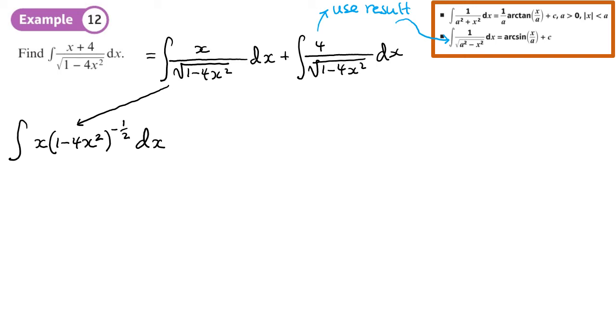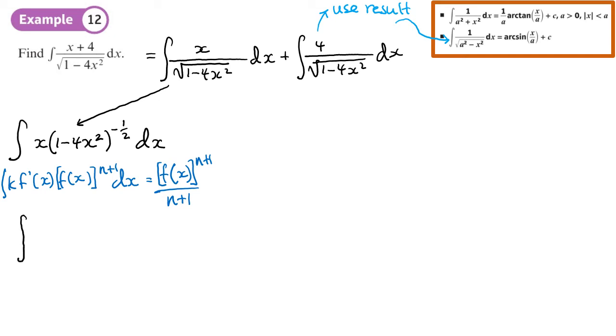Now remember that standard result, which was if our integral looks like this, we can make it look like that, then actually that integrated is going to become 1 higher power divided by that higher power. Now to make it look like that, this differentiated doesn't give you x, actually gives you negative 8x. So we're going to write that and then do our adjustment, put some sort of constant over this side to make sure it still balances.